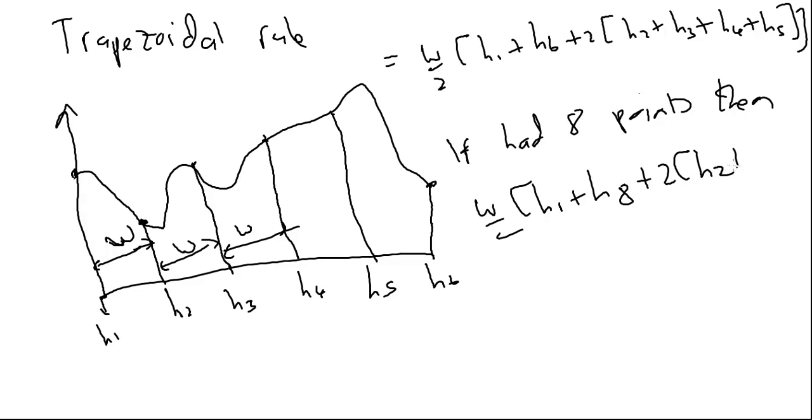So H2 plus H3 plus H4 plus H5 plus H6 plus H7. And that's the trapezoidal rule.